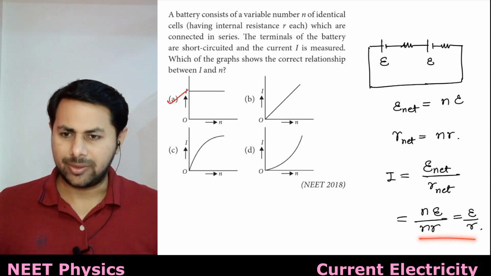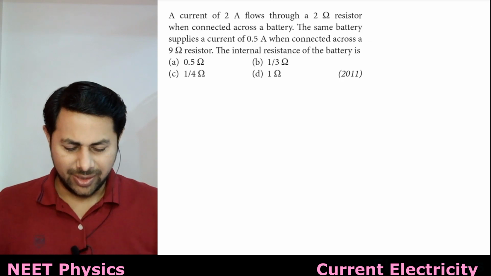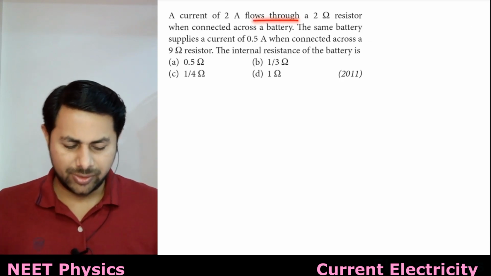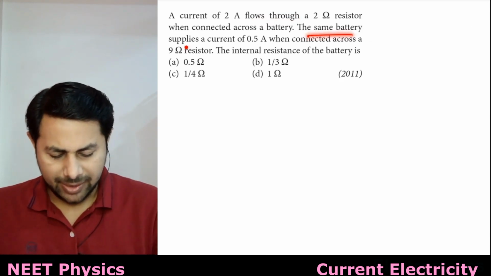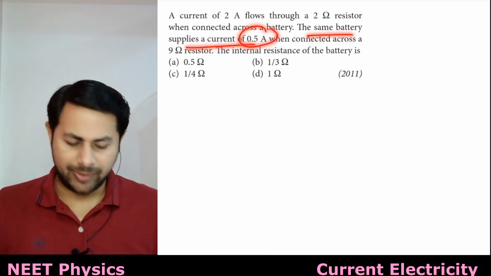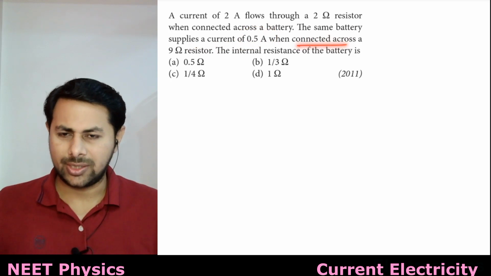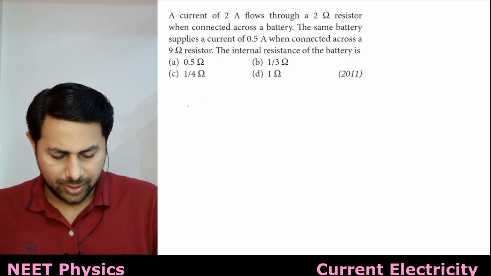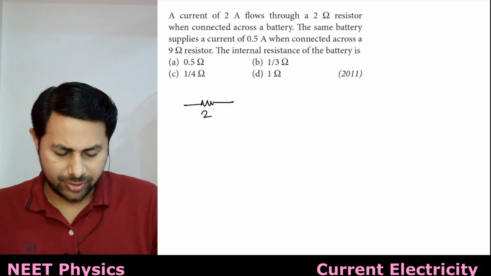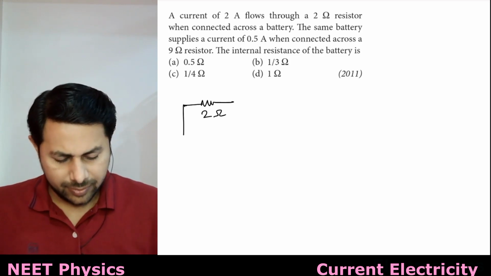So that is also simple. Let us see the next one. A current of 2 ampere flows through a 2 ohm resistor when connected across a battery. The same battery supplies a current of 0.5 amperes when connected across a 9 ohm resistor. So first you connect a battery to a 2 ohm resistor, then you connect the same battery to a second resistance, which is 9 ohm. In the first case you get a current of 2 amperes, and in the second case you get a current of 0.5 amperes.